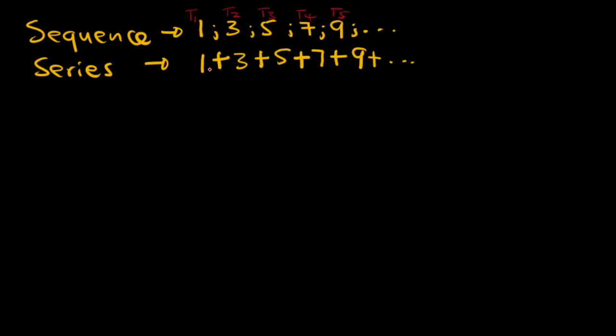Same thing here: term 1, term 2, term 3, term 4, term 5. I'm just going to add the addition sign. This means a series is simply the addition of terms.